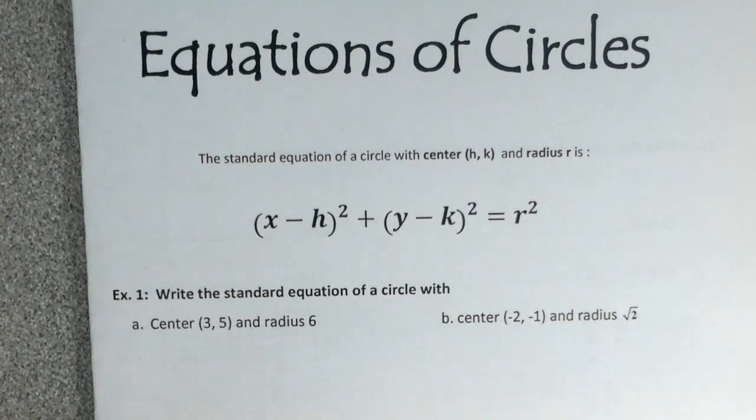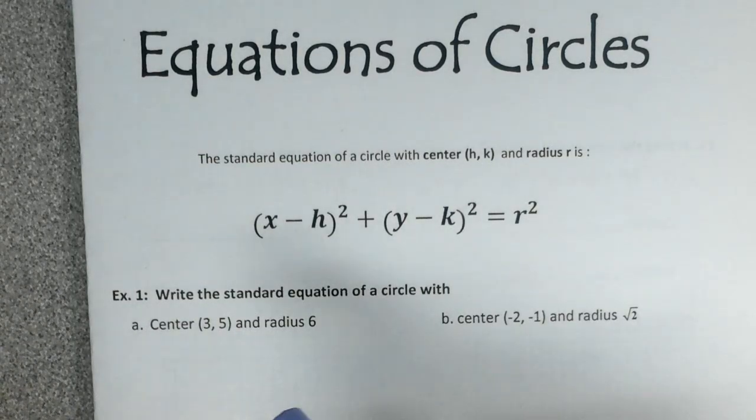Does anybody recognize or think this formula looks like something we've learned in here? What does it look like? What formula was that we learned in August? It is. This is the distance formula.